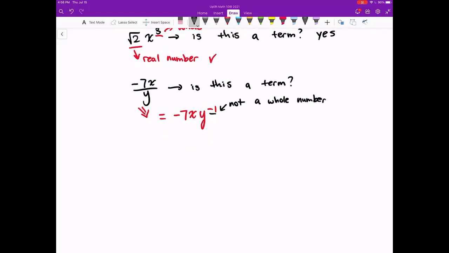Okay, one more example. What about pi? Is this a term?